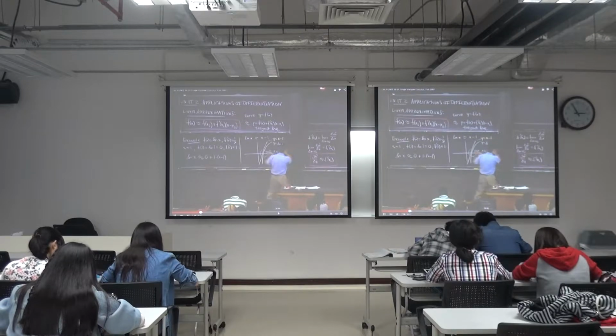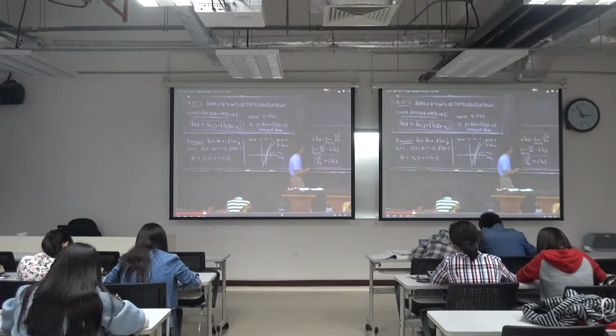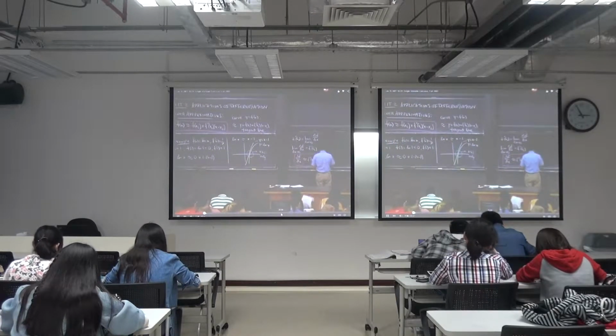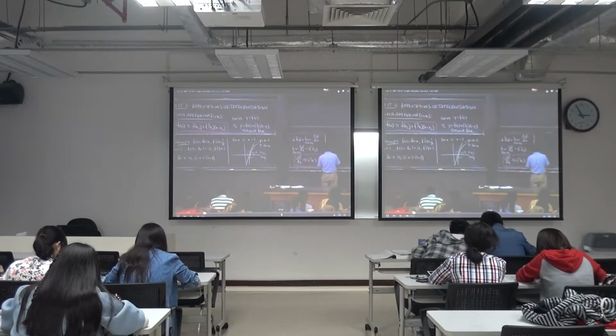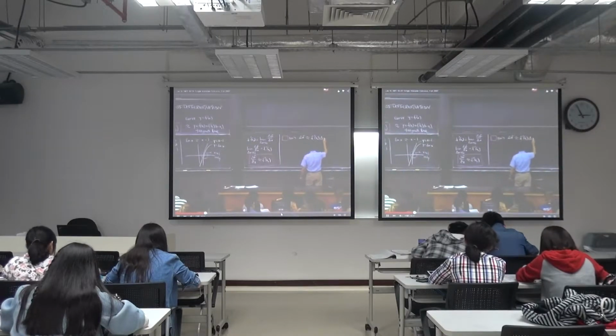Now let me just explain why those two formulas in the boxes are the same. All right? So let's just start over here and explain that. So the smaller box is the same thing if I multiply through by delta x, as delta f is approximately f prime of x0 delta x.